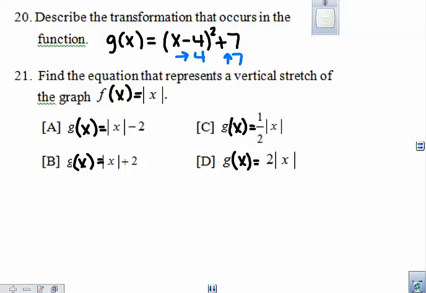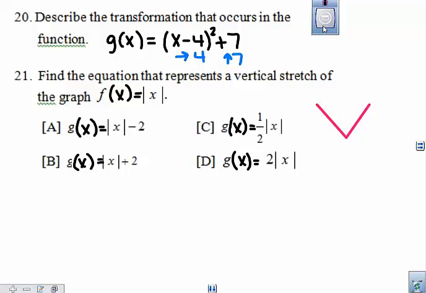For number 21, you're asked for which equation gives a vertical stretch to this parent function of the absolute value. What you need to remember is that when we talked about stretching and shrinking, okay, so this is your parent function.